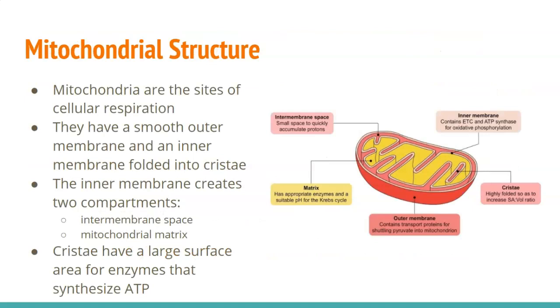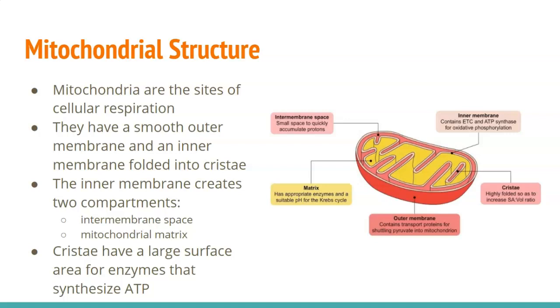Okay, I'm not going to go too deep into this, but I just want to make sure that you are aware that the mitochondria has a lot going on inside. You've got the membranes, smooth outer, then an inner membrane folded into cristae, and then the inner membrane has two parts.